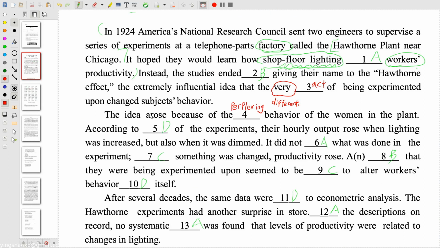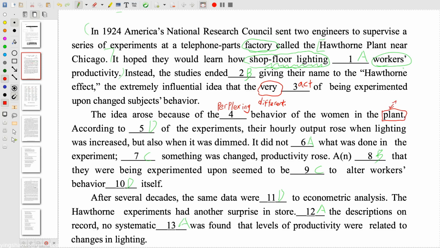The idea arose because of the perplexing behavior of the women in the plants. The word plant here may indicate or equal the factory.